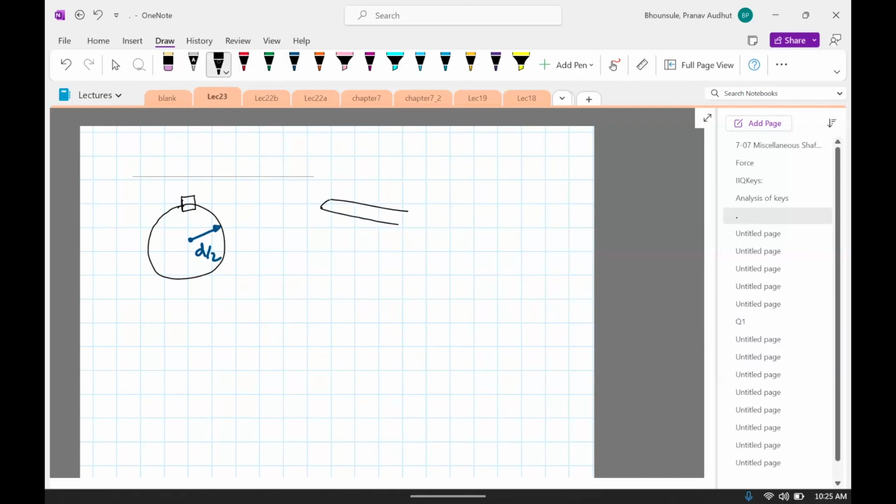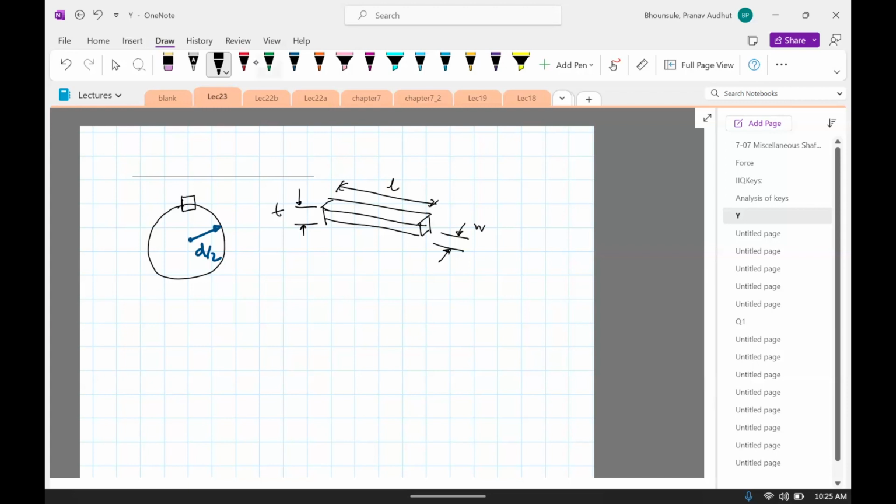So here's the key, with its thickness, width, and length.